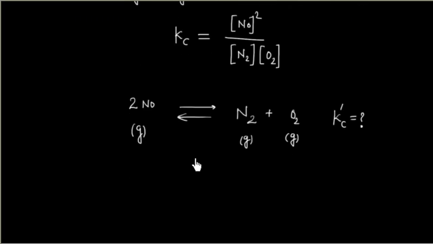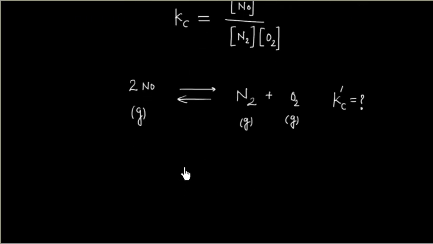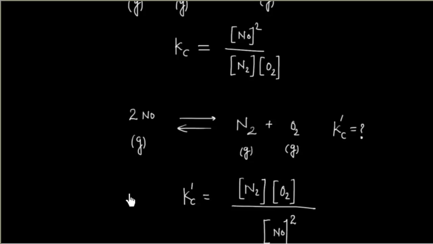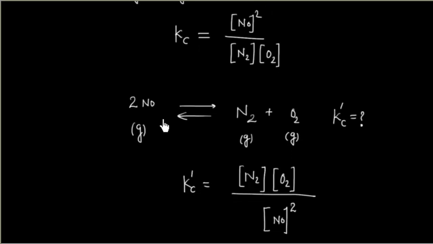And now if I write the equilibrium constant for this reaction, I can write Kc dash, this is N2 multiplied by the concentration of O2 and the concentration of NO raised to the power 2. If you look slightly closely, you see this Kc and this Kc dash basically are reciprocal to each other.